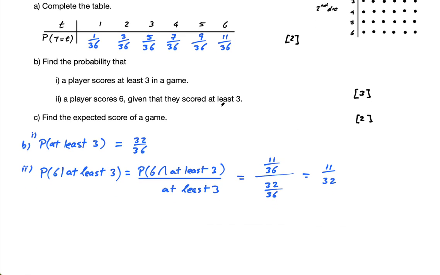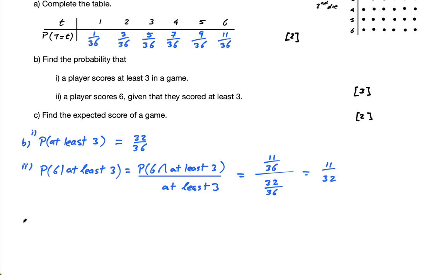Okay, and finally, part C, find the expected score. So the expected value of T is, they always ask this question, guys, in these discrete random variable questions in one form or another. It's this times this plus this times this plus this times this, and so on.